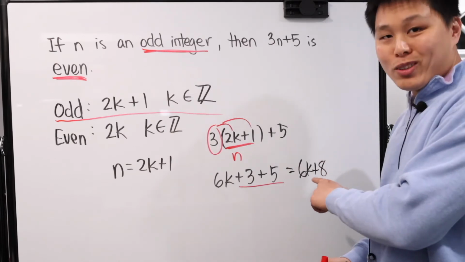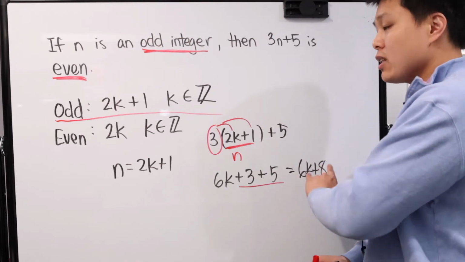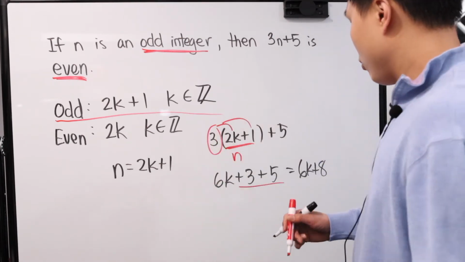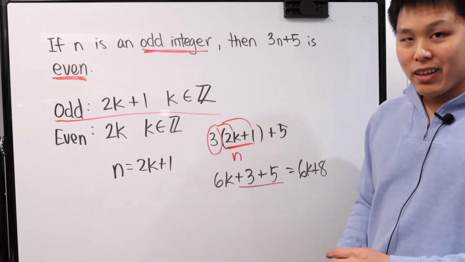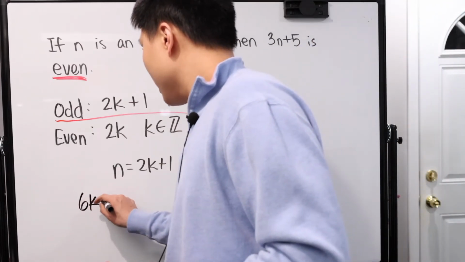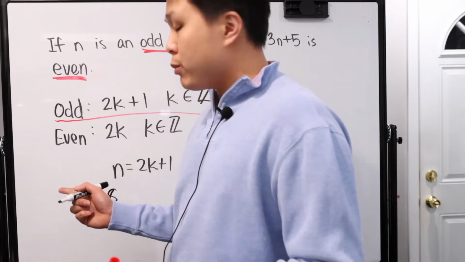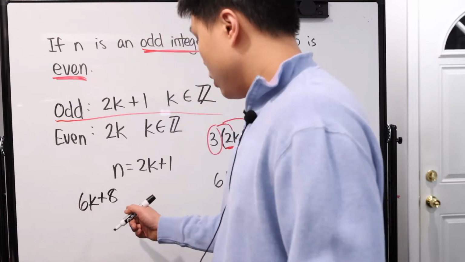Hopefully at this point you guys can sort of see it, right? Remember, I want to prove whatever this ends up being is 2 times some number. Well, we have a 6k and we have an 8. So if we want to show explicitly that it's even, we need 2 times some number. We can factor out a 2 from there.